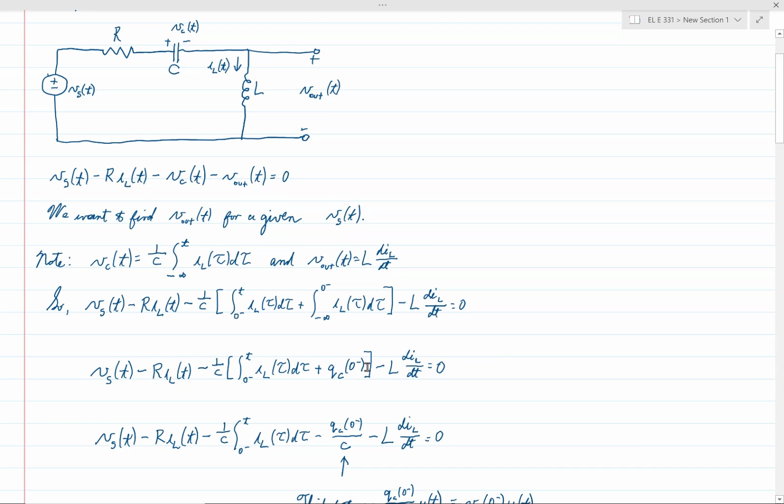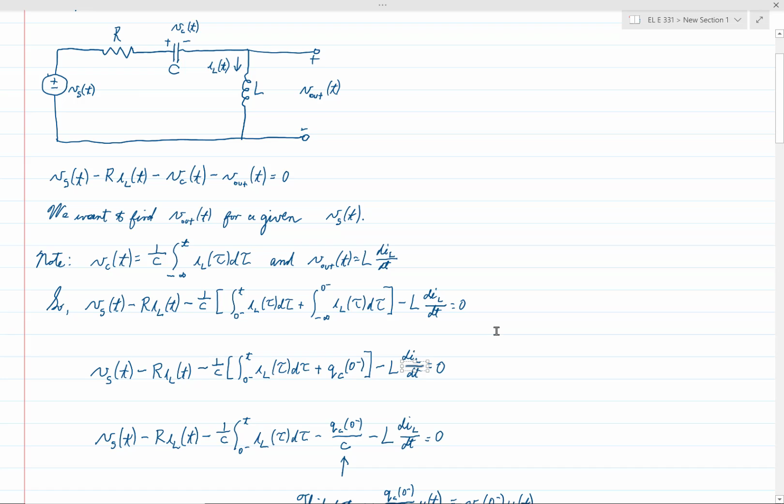And when we define V out to be the voltage across the resistor, then this will be minus V out. So the equation for the circuit will be the same in all three cases, but V out of t will have different expressions in each case.